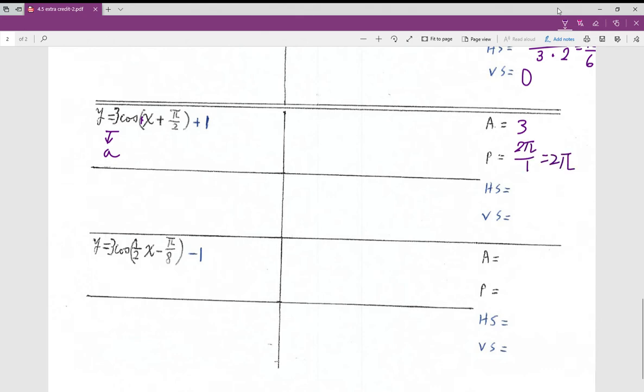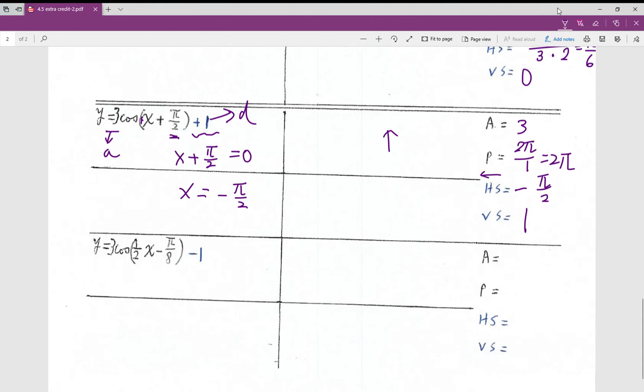And the horizontal, x plus pi over 2, make it equal to 0, so you solve for x, shift negative pi over 2. This means you shift pi over 2 on the number line to the left. Vertical, because plus 1, this is D. So you move the whole graph up 1 step.